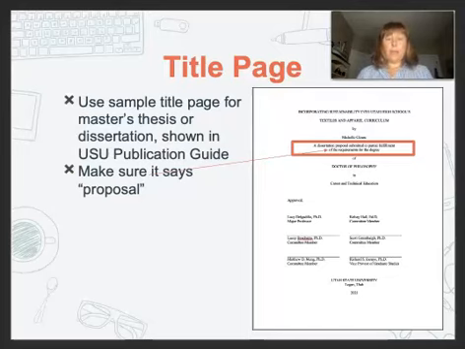The date indicates the year in which the proposal is submitted to the School of Graduate Studies and to the Institutional Review Board for approval to work with human subjects. And then regarding post-nominal letters after a professor's name, you might have MS, PhD, or EdD, and the committee and department will decide whether or not they're required.